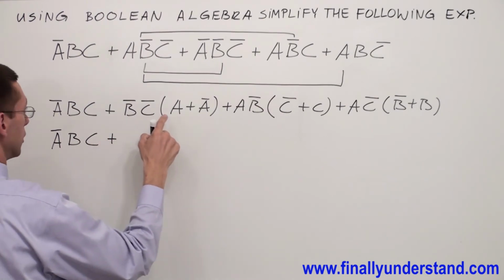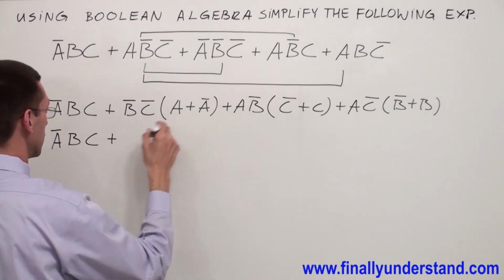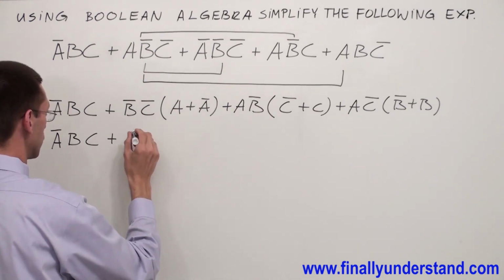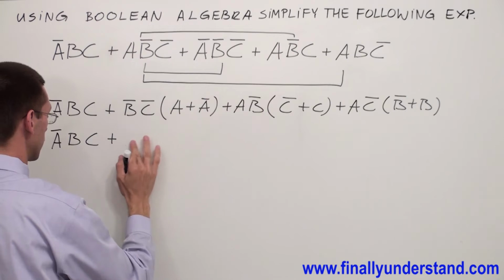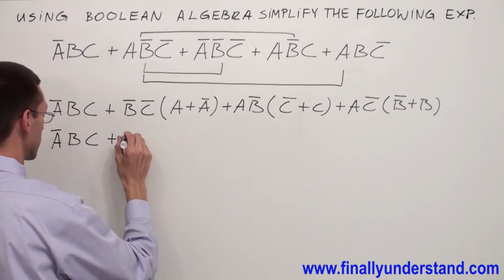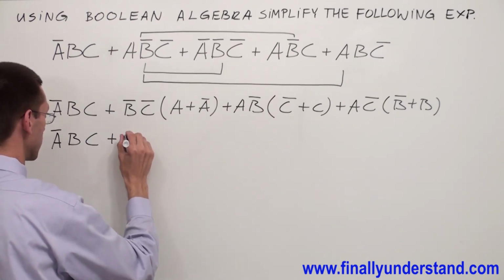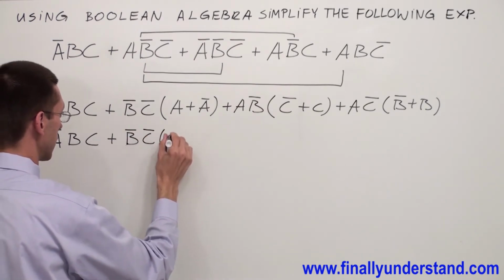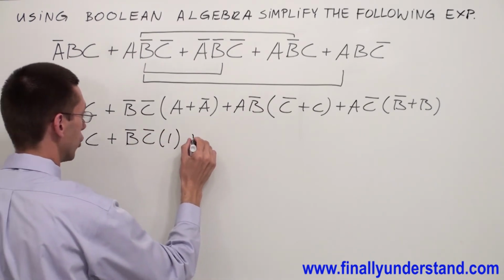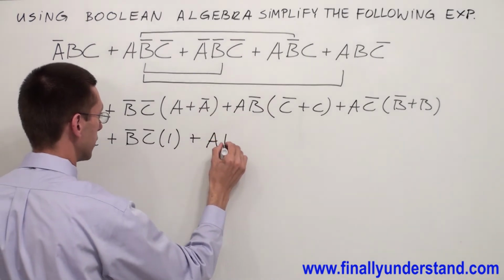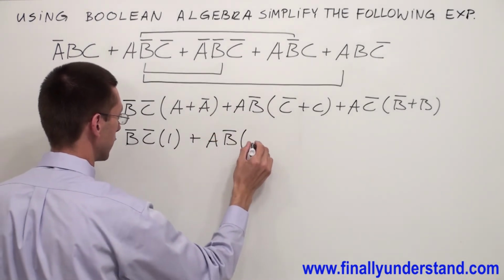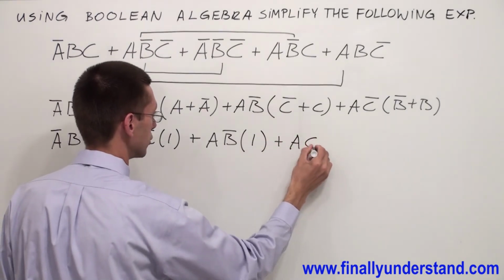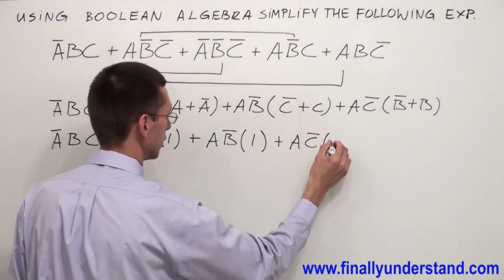Or we have complements. We said that anytime we have complements all together, they're going to give me always 1. That's why I'm going to have just b naught, c naught times 1, or a, b naught, again I'm going to have 1, or a, c naught, and I'm going to have 1.